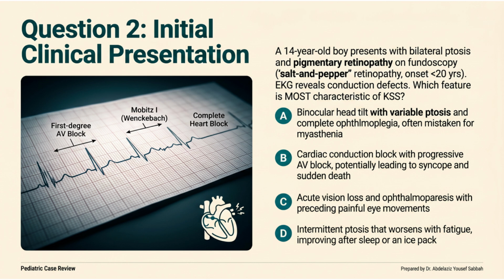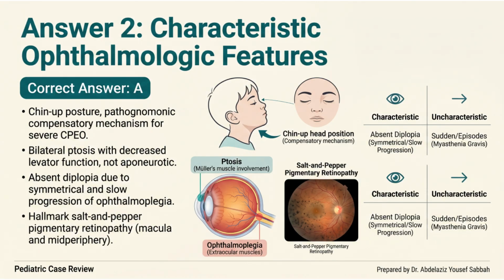Option B, cardiac conduction block with progressive atrioventricular block, potentially leading to fainting and sudden death. Option C, acute vision loss and eye movement weakness with preceding painful eye movements. Option D, intermittent eyelid drooping that worsens with fatigue, improving after sleep or an ice pack. The correct answer is option A.